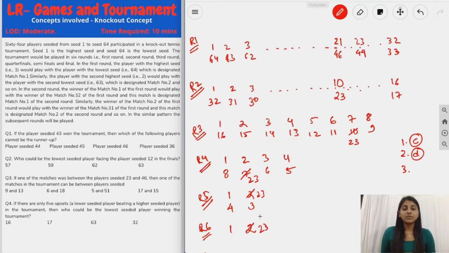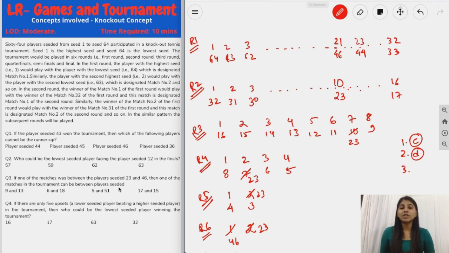So now at which stage could 46 have played with 23? We see 46 here plays with 21, and in this case 21 would have played with 12. So if 46 takes 21's place, then 46 is playing with 12 over here. Then it can eliminate 12 and take 12's place, then 5's place, then 4's, and then 1's. So that is how 46 could have been playing with 23.